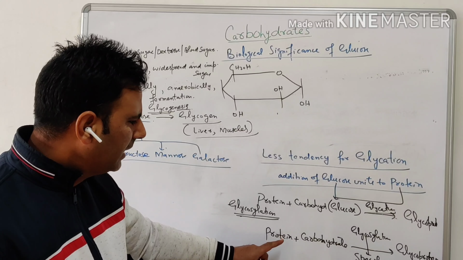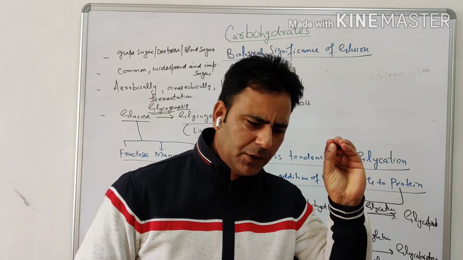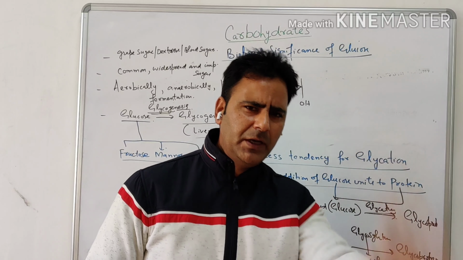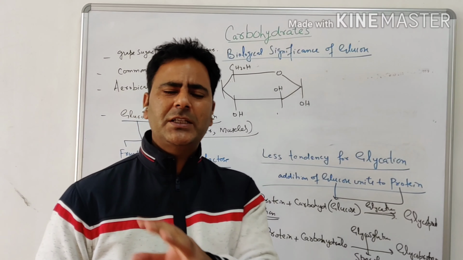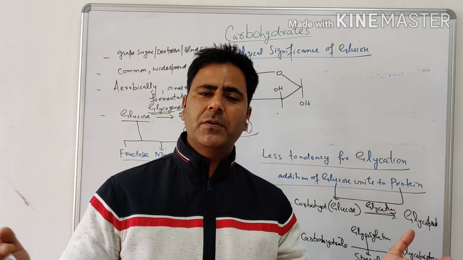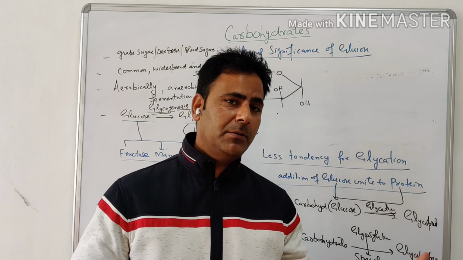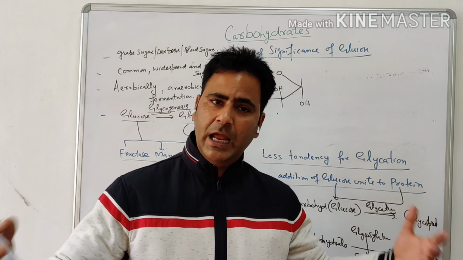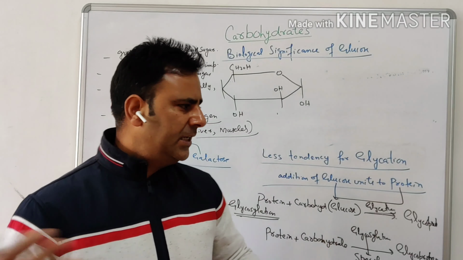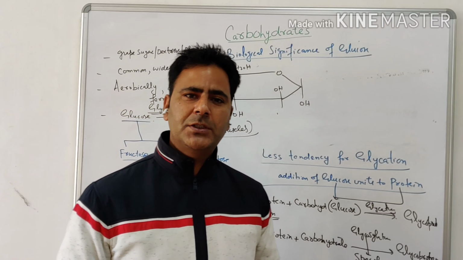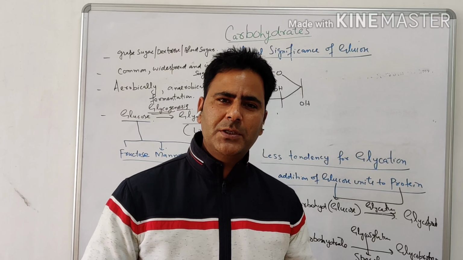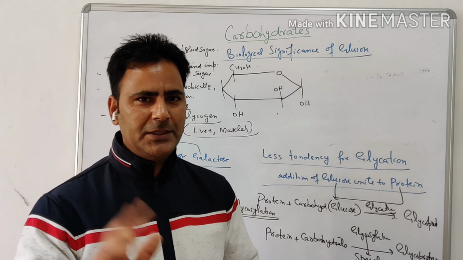So there are a number of glycoproteins in our body which are very, very important, and we need to synthesize them. Without their presence, our metabolic system is not going to regulate.